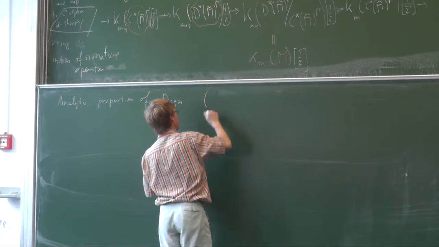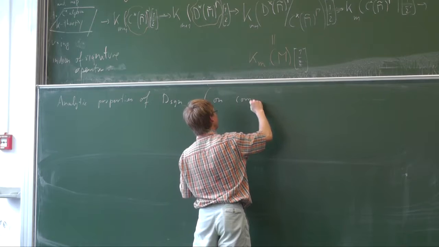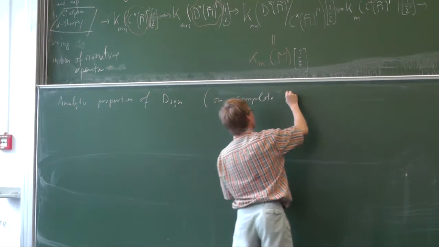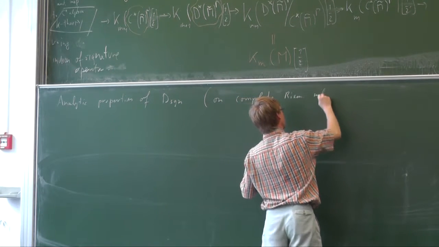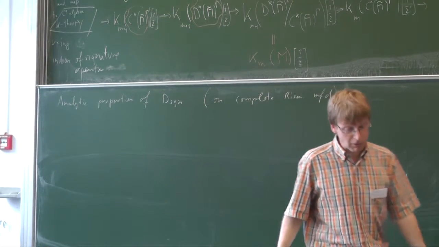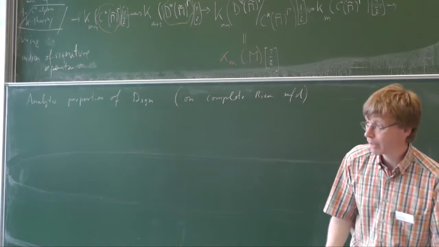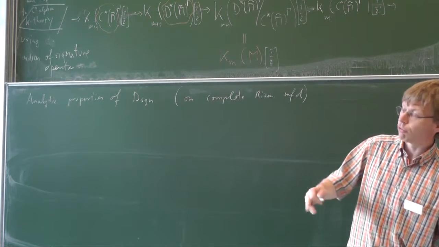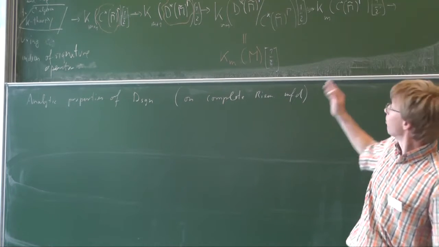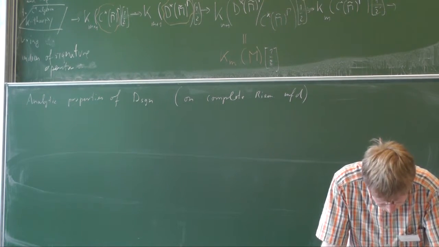Operator, and most of what I'm saying will be on a complete manifold. Analysis here is easier without boundary. I will not at the moment cover the case that we have a manifold with boundary, although those are going to show up at some point as well, as we saw from the description of the cyclic sequence.